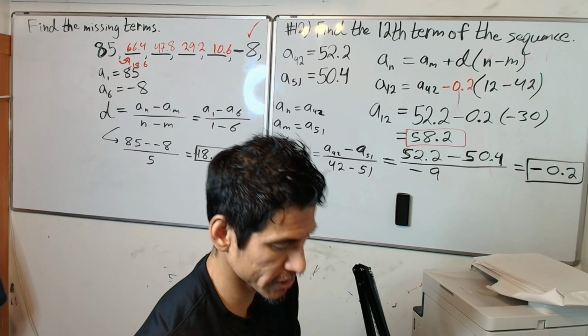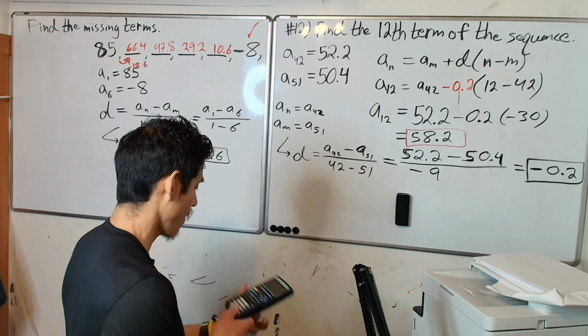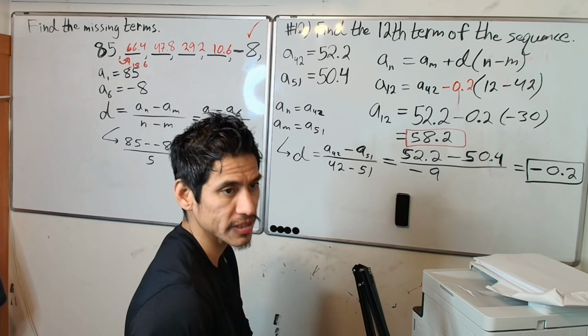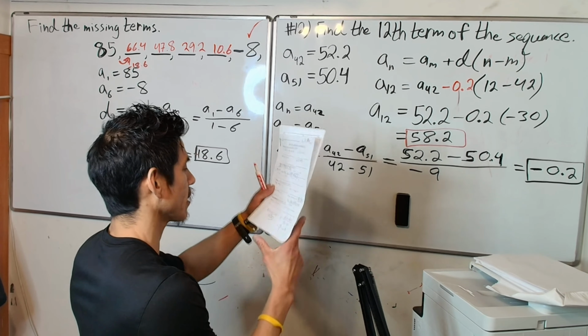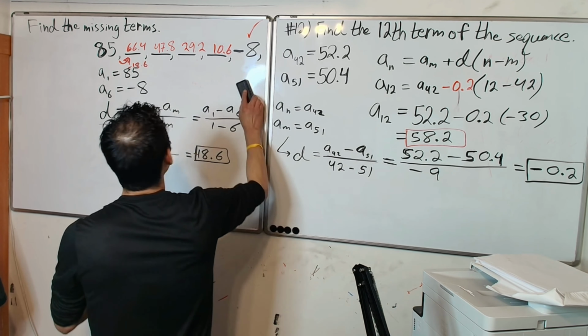Right, and let's just go through one more where we find the sum of an arithmetic series. So we got number 14.